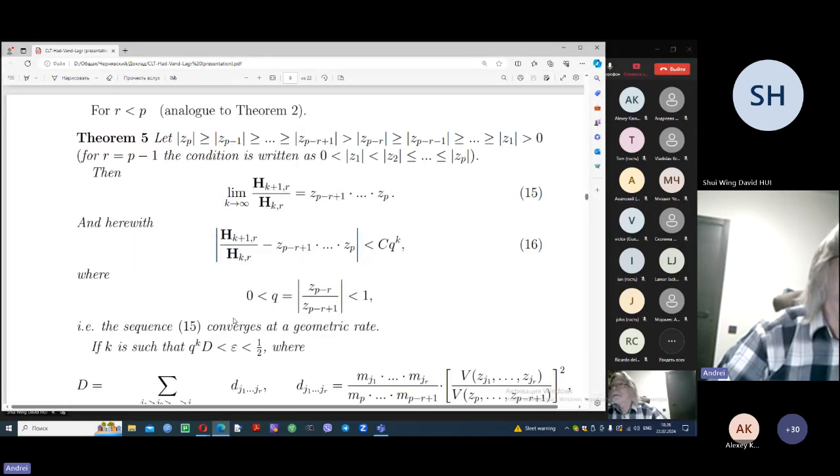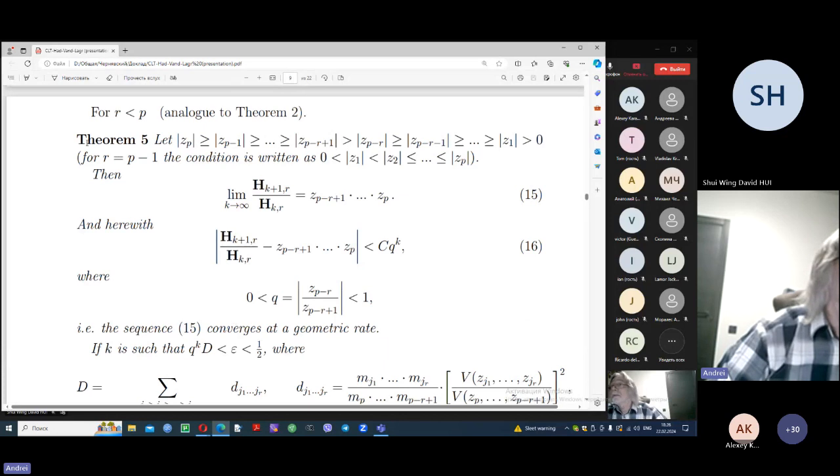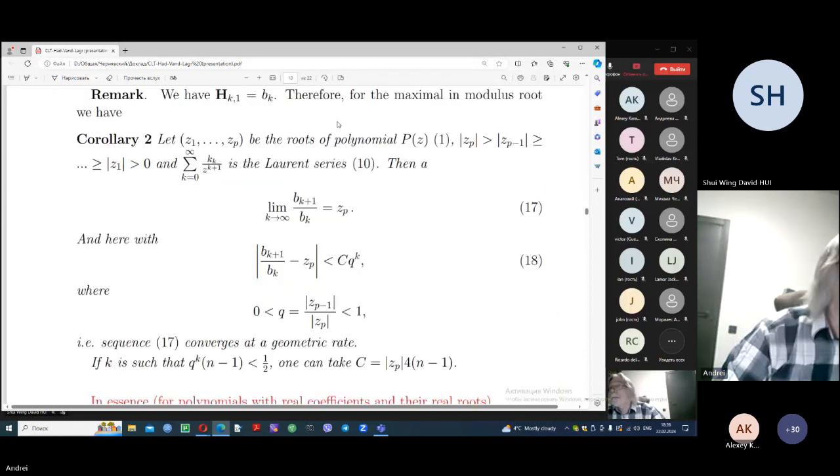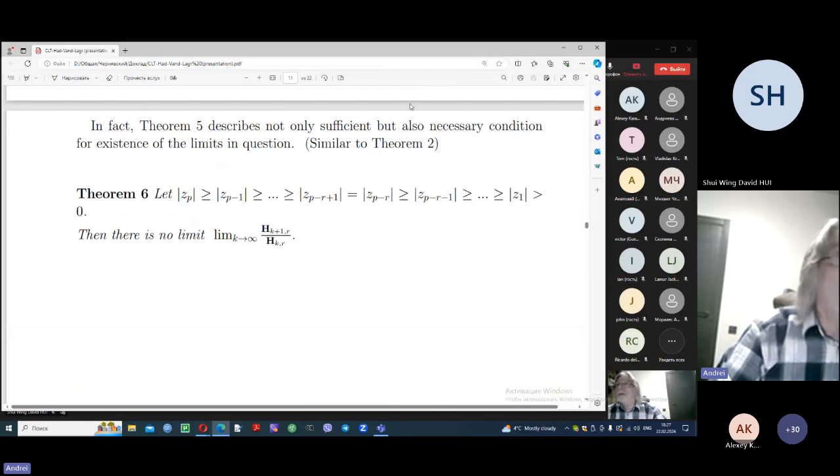And again, this theorem gives not only a sufficient condition, but in fact it's also a necessary one, since we have the following result.